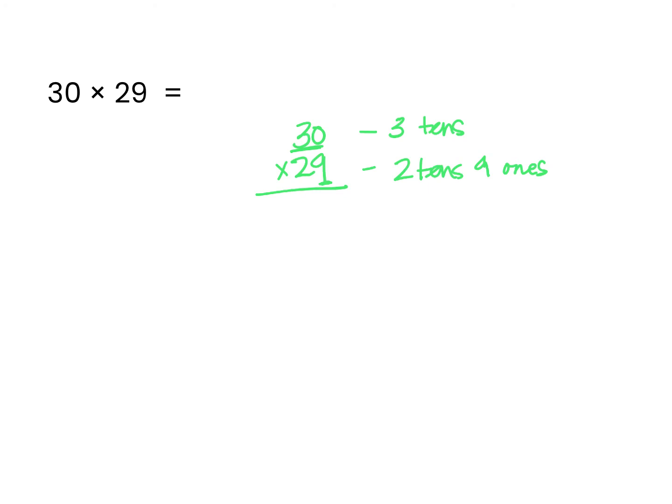So 3 tens times 9 ones, well, 3 times 9 is 27, and 27 tens. Now we're going to multiply 3 tens times 2 tens. So 3 tens times 2 tens, we already know, is 6 hundreds. We add those two together, and we get 870.